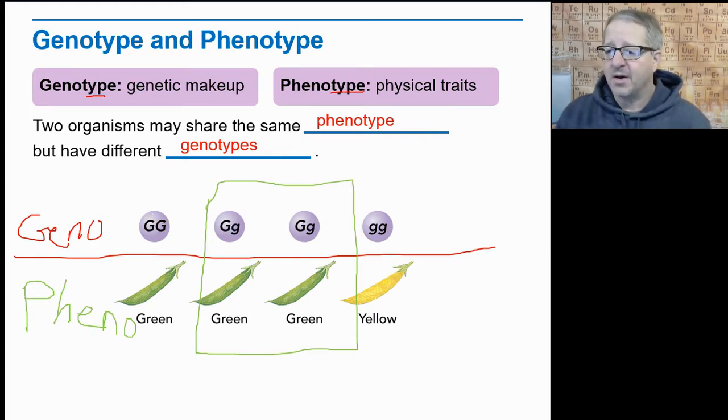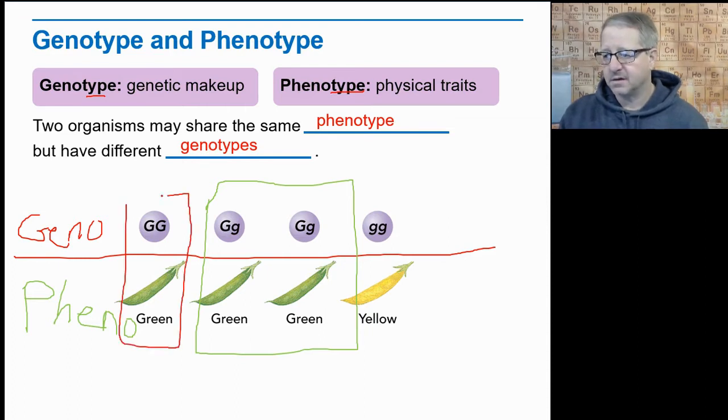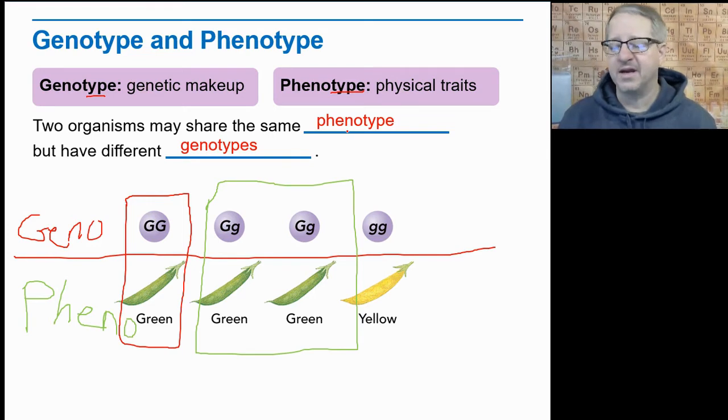But their sister or brother, whatever this is, might have a big G, big G, but still the trait we see, the phenotype, is still green, but the genotype is different than the sibling. Okay? So phenotypes can be the same even though the genotypes might be different. Now, the yellow one doesn't share the phenotype or the genotype of any of the siblings.